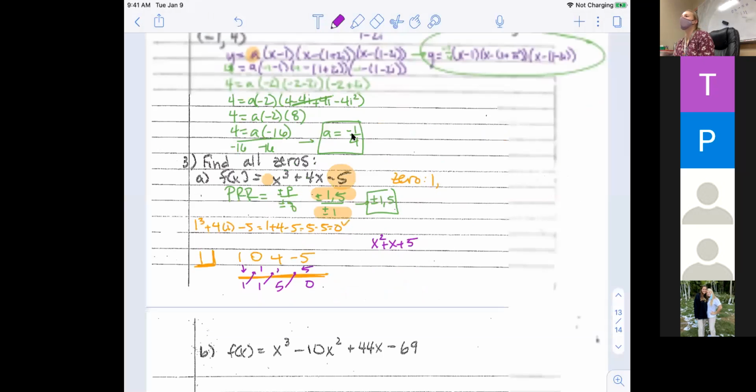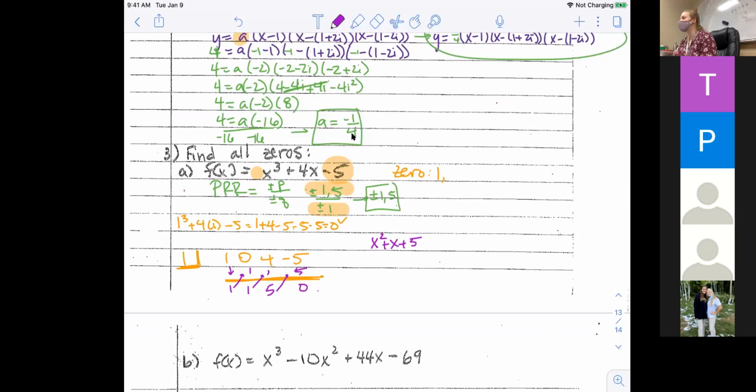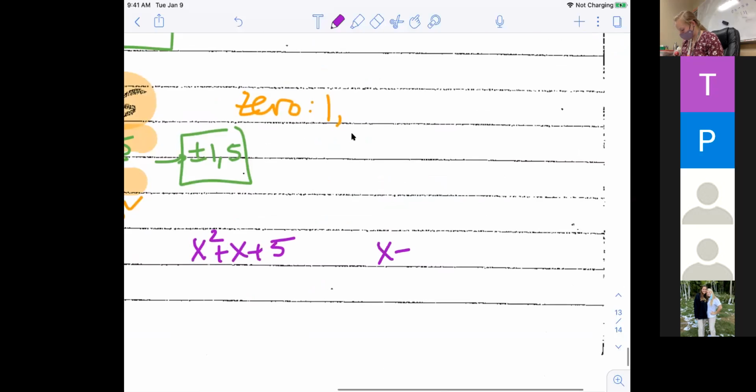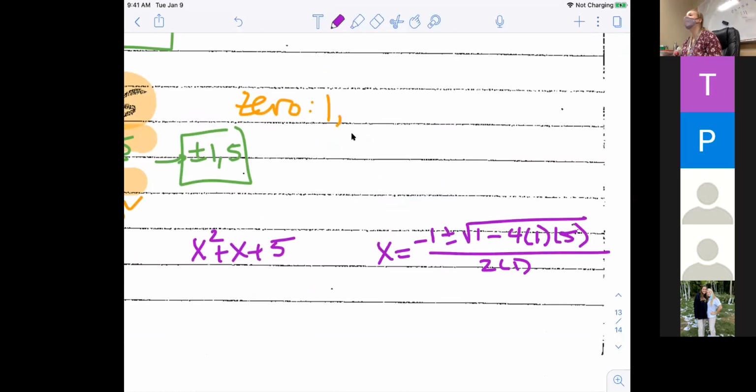If we want to go back to our list, we ask ourselves, okay, can I factor it or do I have to use the quadratic formula? This one we got a quadratic formula, don't we? X is going to equal -1 plus or minus radical 1 squared minus 4 times 1 times 5 over 2 times 1. Everybody doing okay so far?